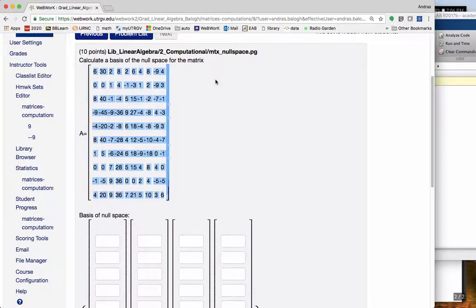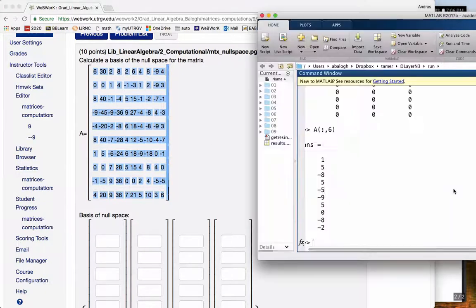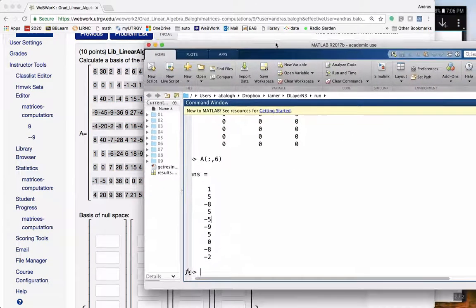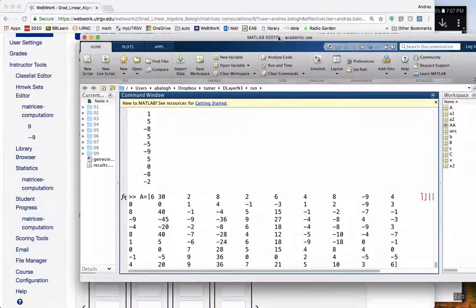So that wasn't a simple calculation, and there is no one simple step to do exactly the same way what's written here. What we can do is, of course, to copy and paste this matrix into MATLAB first. We definitely need this.